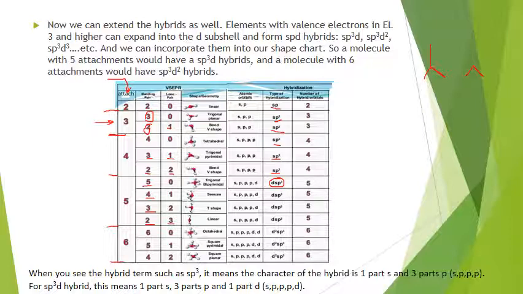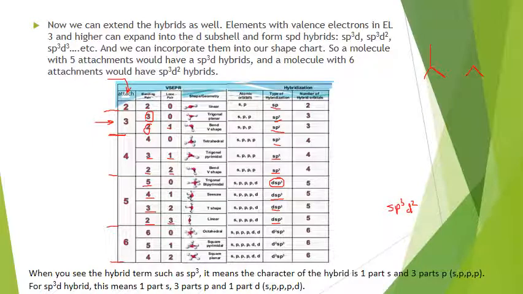Okay, so now what happens is that the hybrid actually expands into the d subshell. Okay, and then if you have six attachments, you can have six bonds, no lone pairs, and so forth. And these would be sp3d2, okay, or d2sp3.